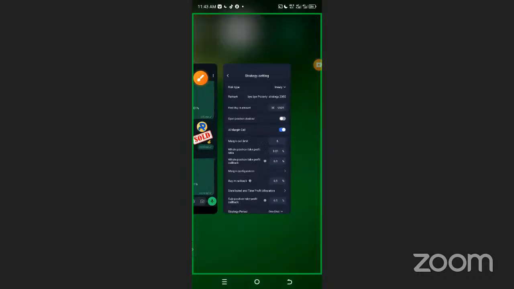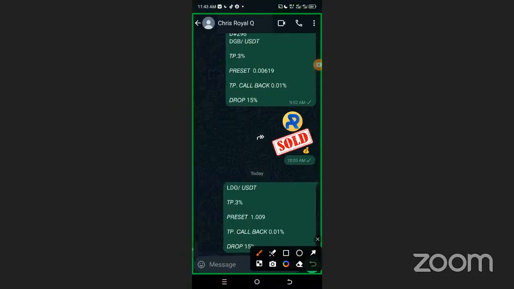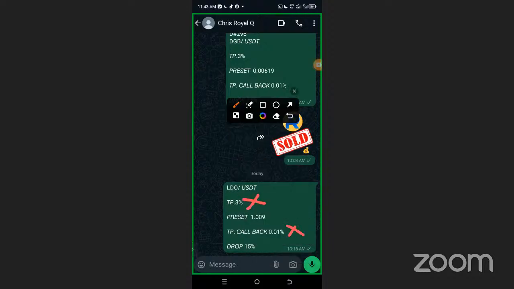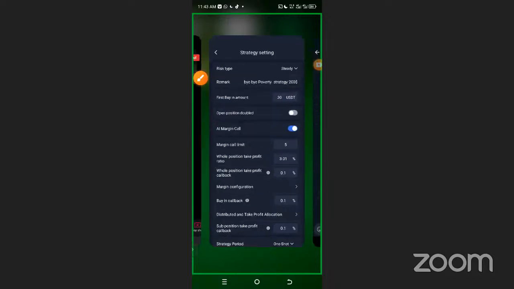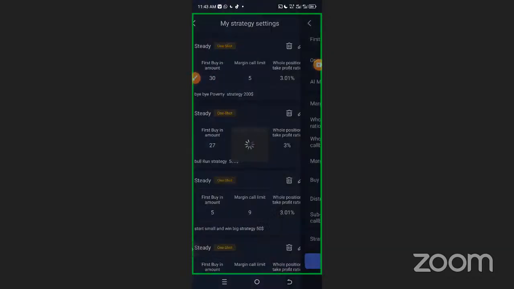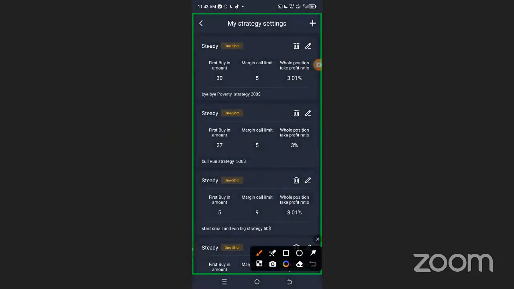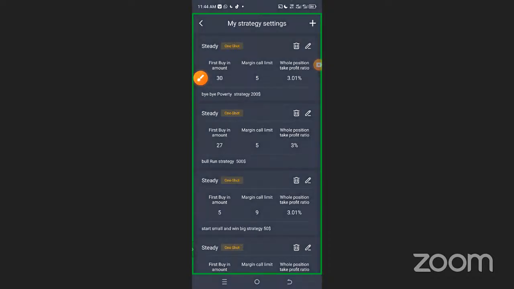We don't need take profit. We don't need drop because we have already saved them in our strategy. This is our strategy, which is being saved.